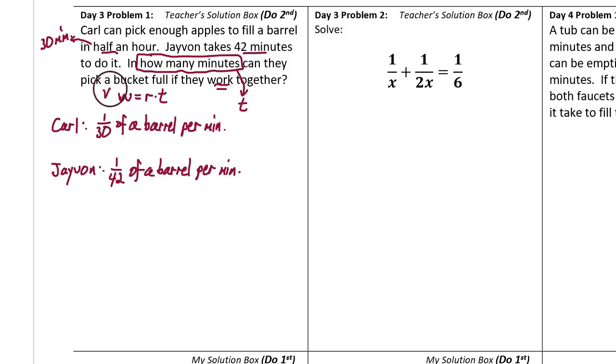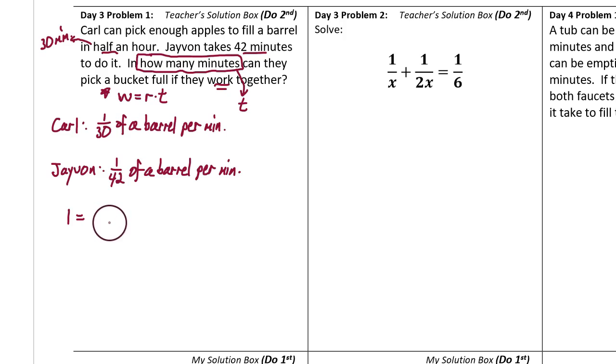Next, let's use this formula for work to model the situation. The total amount of work that gets substituted for W is a 1, meaning 1 barrel of apples picked. That total amount of work comes from Carl doing work plus Javon doing work.